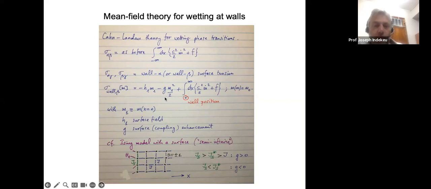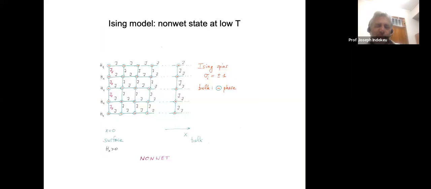And we'll see that the sign of G is very important for the character of the wetting transitions that come out of this model, or come out of this density functional theory. Okay, so perhaps the analogy with the Ising model is not yet fully clear. Therefore, another cartoon or two will be helpful.